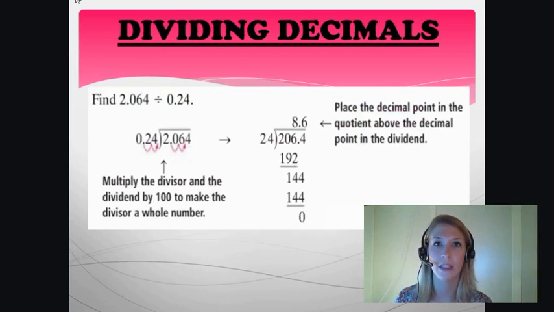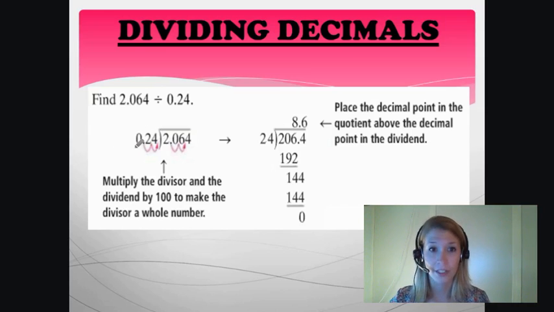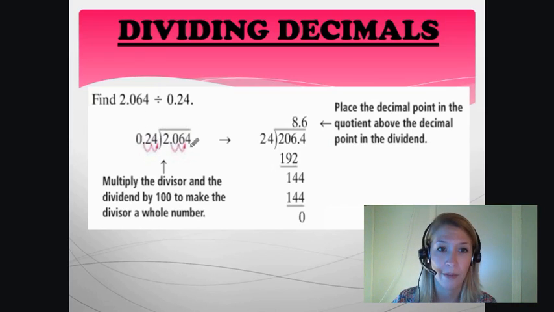So let's look at an example of dividing decimals. In this problem, we are asked to find 2.064, and we're dividing that by 0.24. The first thing that needs to be done in this division problem is that our divisor, the number that we're dividing our dividend by, can't be a decimal. So we need to move it over so that it represents a whole number of 24. And we're moving that decimal over 2 place values.